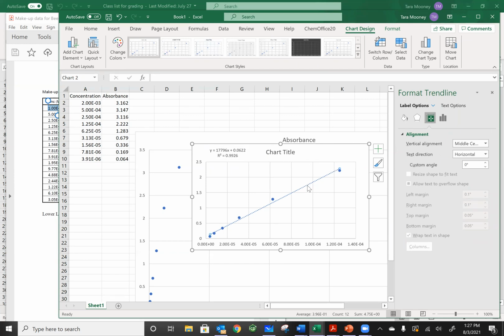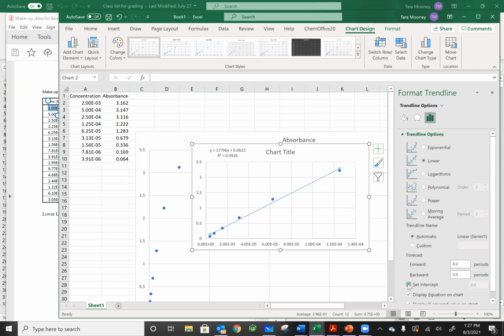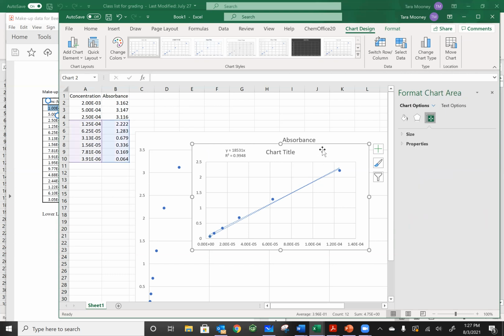All right, trend line. We want to also set the intercept to 0. So at 0 concentration, there should be a 0 absorbance.